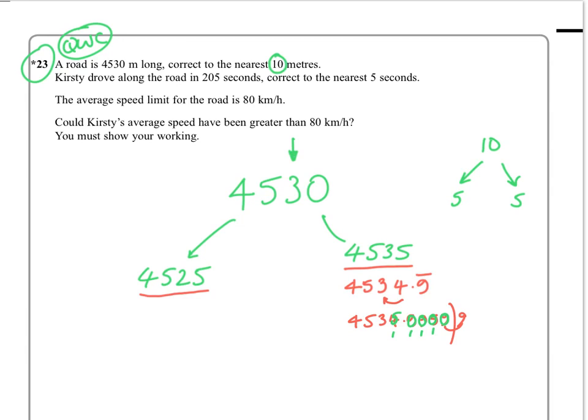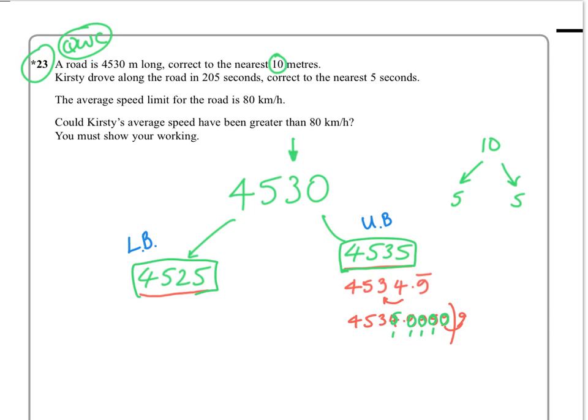So 4,534.9 recurring is as good as 4,535, and that is why it is permissible to say that. So we've got here the lower bound, and here the upper bound of the road length.